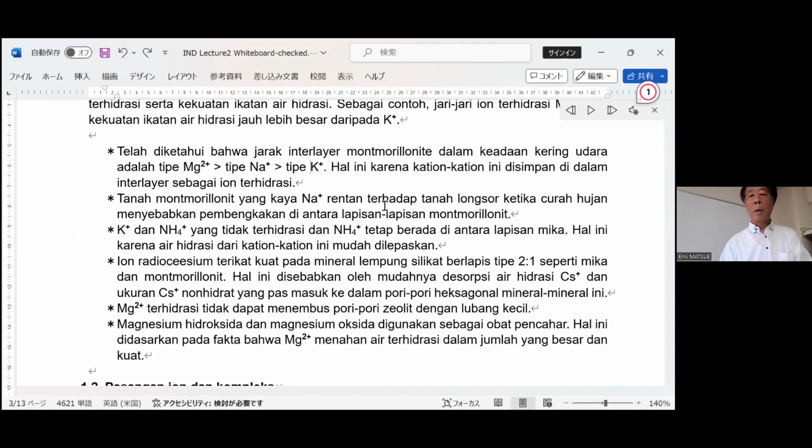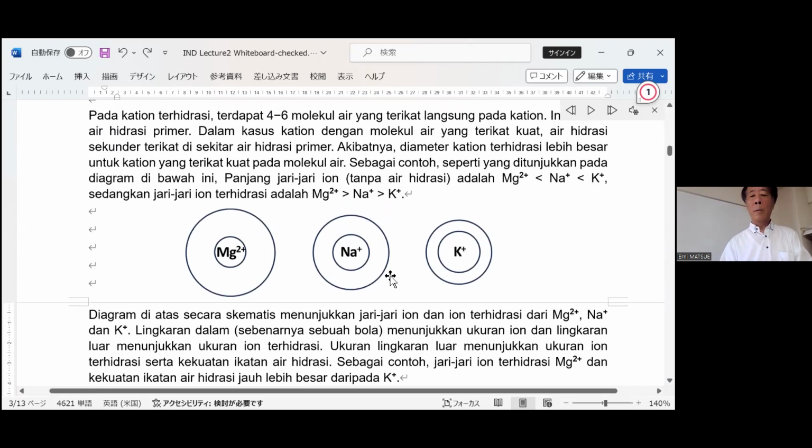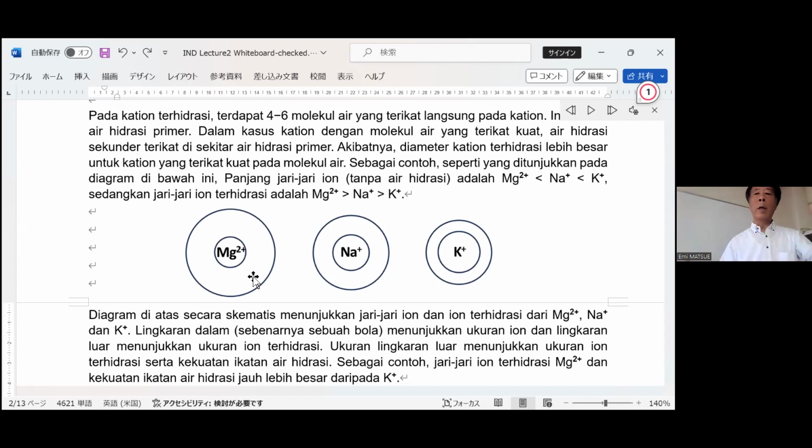In nature, if sodium is the main interlayer cation of natural montmorillonite, sodium contains more hydration water than potassium, and also magnesium and calcium are divalent, so they can bind the layers.